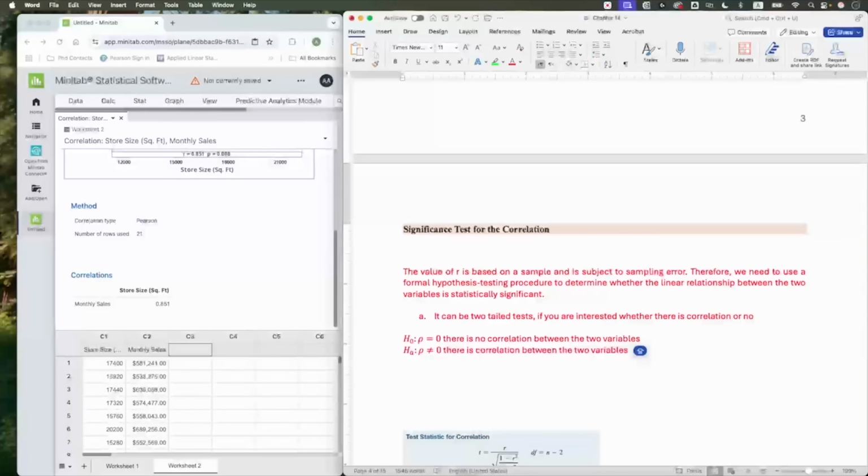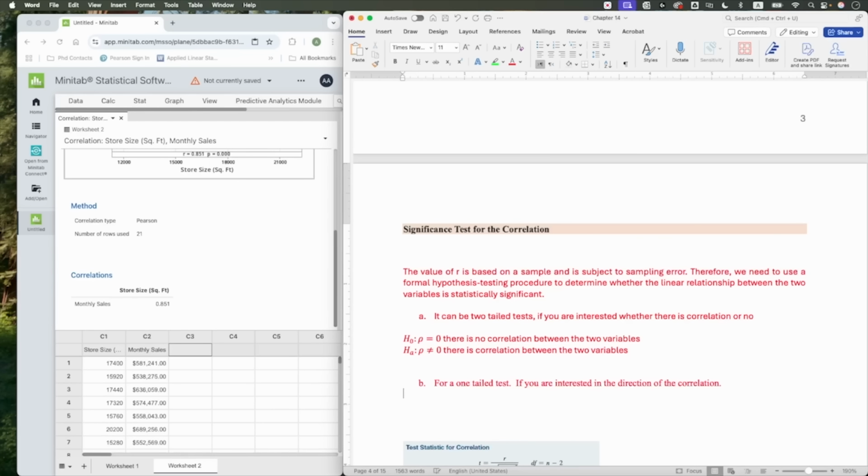If you care about a one-tailed test, we do the following. This is B. For a one-tailed test, you look at the direction. If you are interested in the direction of the correlation, what is the null? One of them is going to be greater, the other one less.